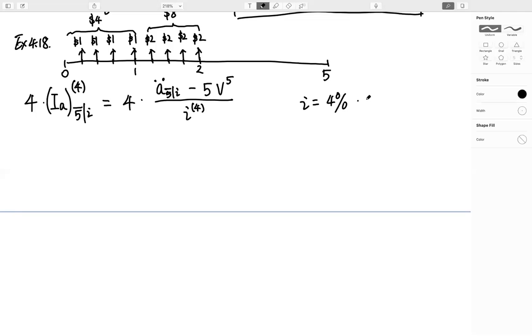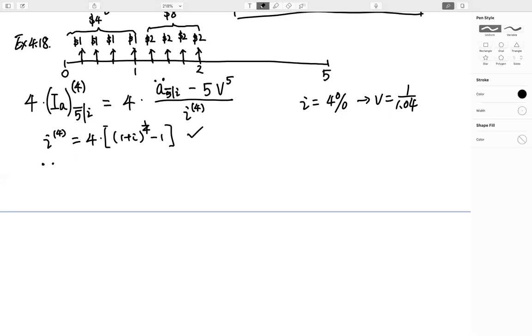So if i is 4%, v is going to be 1 divided by 1.04. So that's easy to work out. And i upper 4 is also easy to find, right? So we know i upper 4 equals 4 times (1 plus i) to the power 1 over 4 minus 1. So you can calculate the result from here.